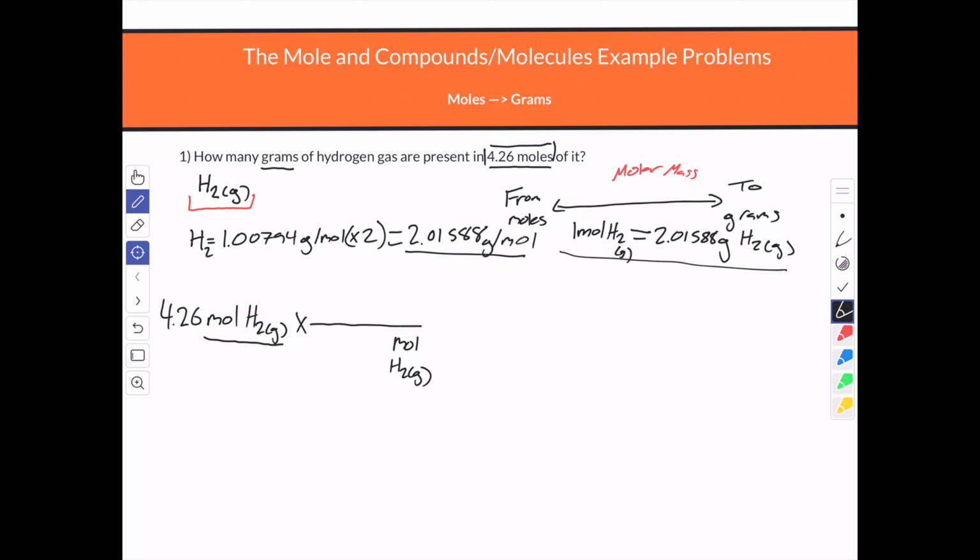We find in our conversion factor where that is. Moles of H2 gas is here, so the 1 goes on the bottom. We know that what we're converting to is grams of H2 gas, so we put that on top. And we know that the molar mass is what's associated with that unit of grams of H2 gas, so the 2.01588 goes on top.